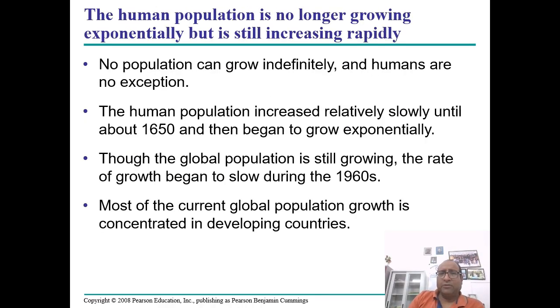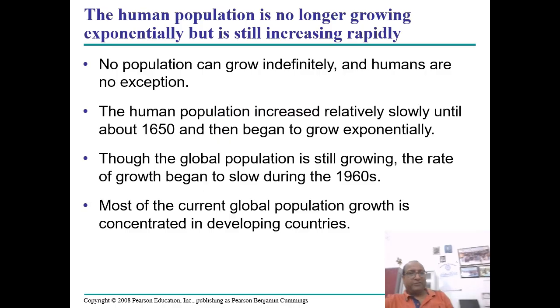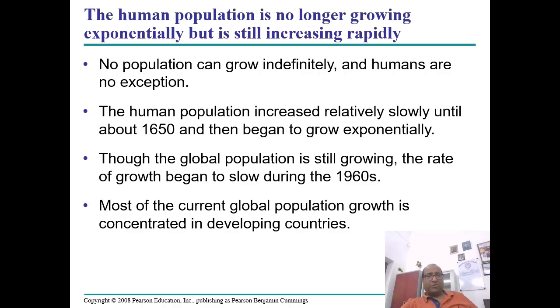So human population is no longer growing exponentially, but it is still increasing rapidly. No population can grow indefinitely, and humans are no exception. Human population increased relatively slowly until about 1650. Growth was very slow, and then began to grow exponentially.